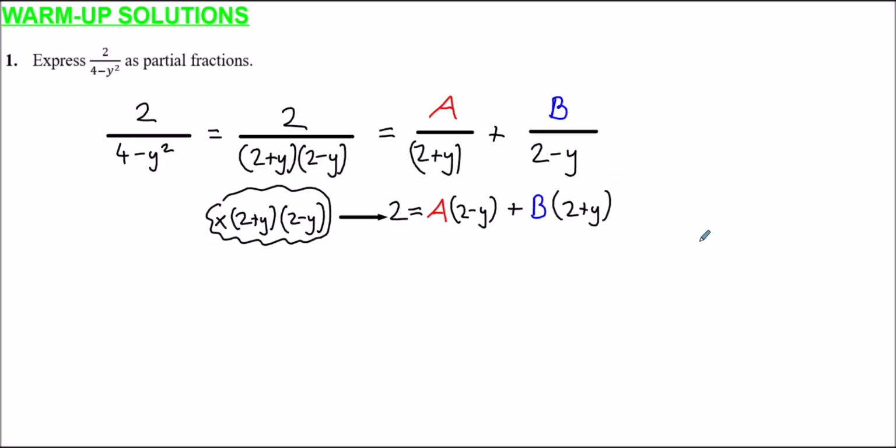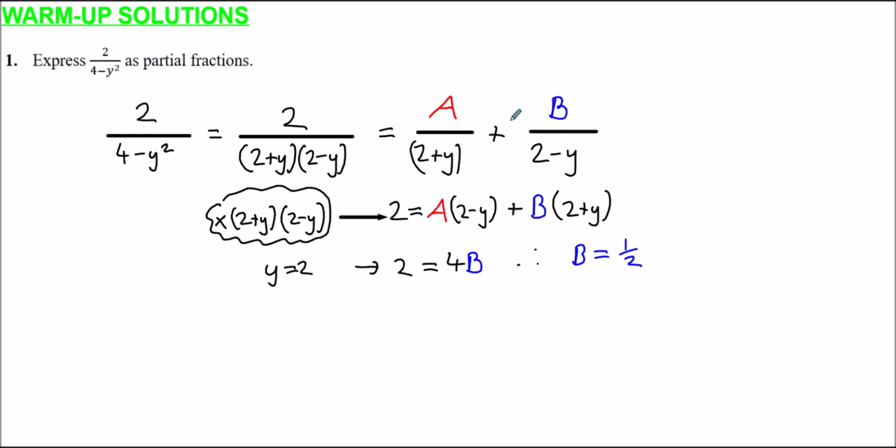We can now equate coefficients or simply sub in useful values. First of all, I would suggest just trying y equals 2. Let y equal 2. We get 2 equals, the a term will cancel because 2 minus 2 is 0. We then have b multiplied by 4. So 2 equals 4 lots of b. Therefore, dividing by 4, b must be a half.